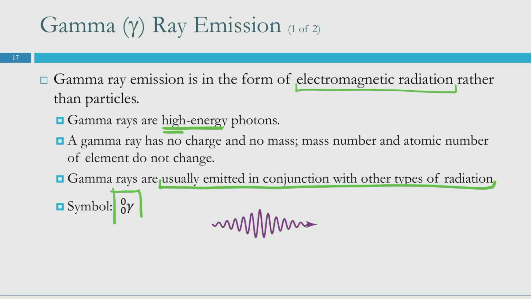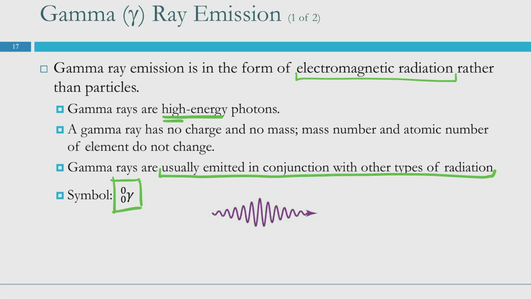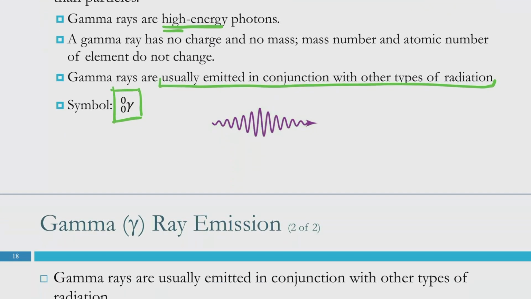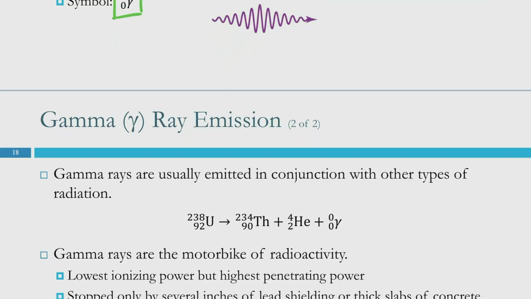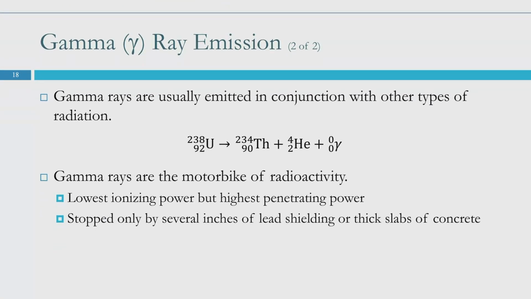Our symbol for a gamma ray is this gamma symbol with zeros, since it doesn't have any mass or charge. So in a way, it's like the easiest of the radioactivities. These usually go along with other types of radiation.